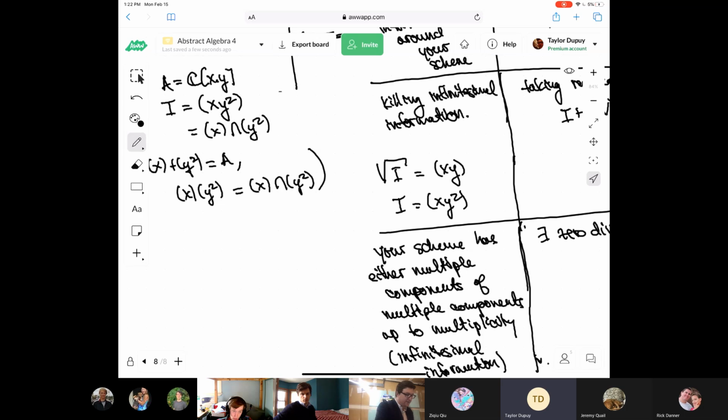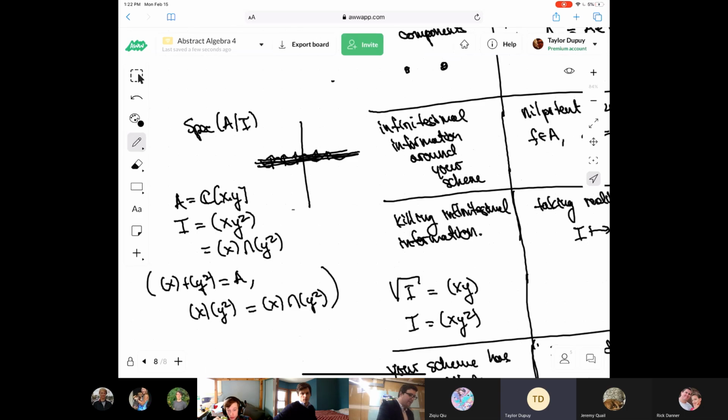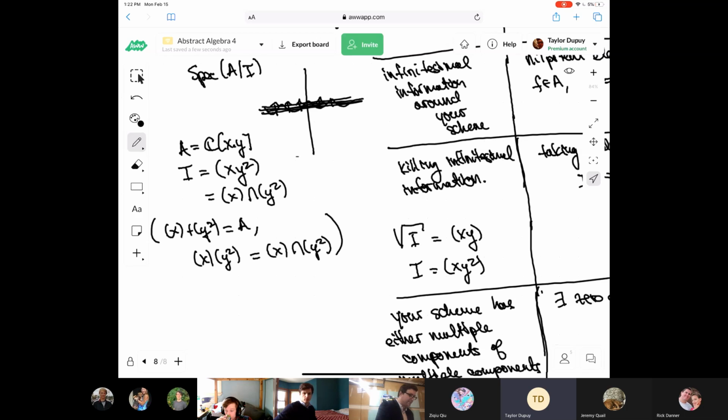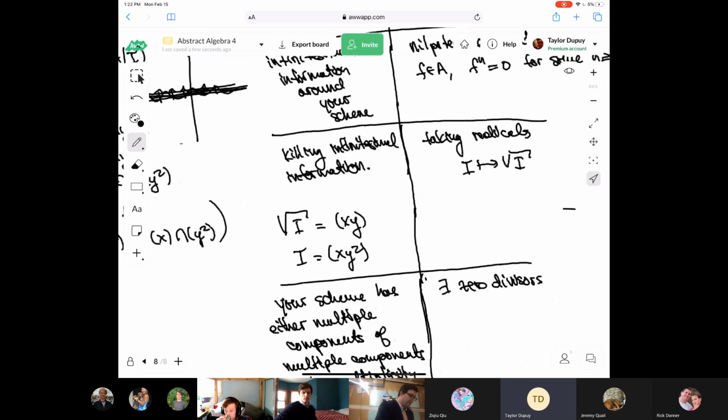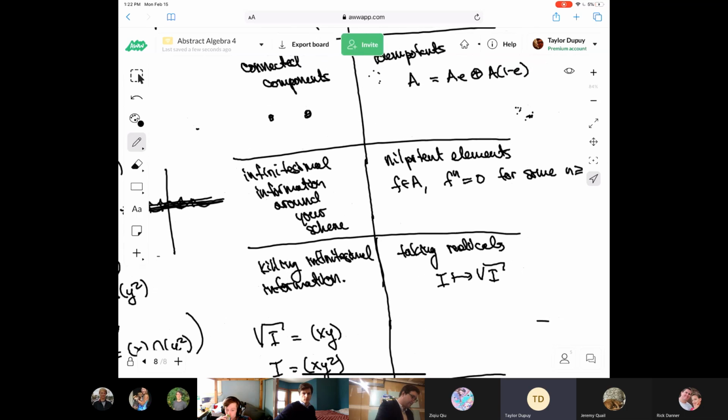To be a member of this ideal, you have to vanish with multiplicity 2 for the y part, and that's why we draw this as thicker. So if your quotient ring has infinitesimals, this is the quotient ring.